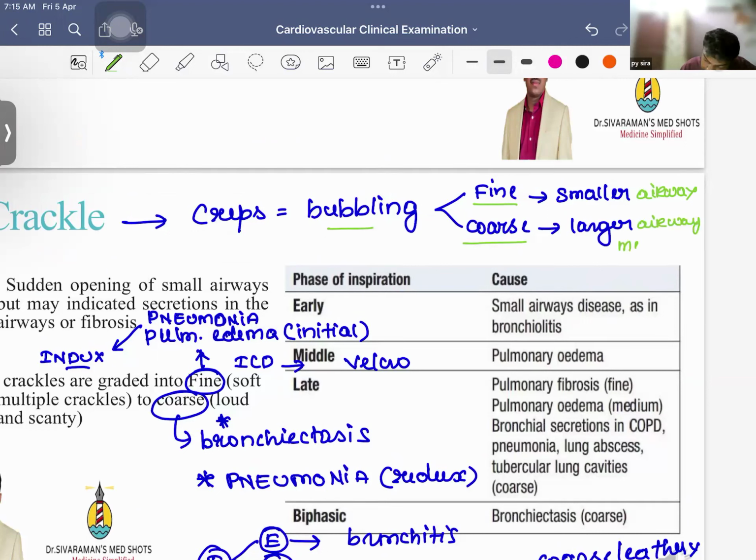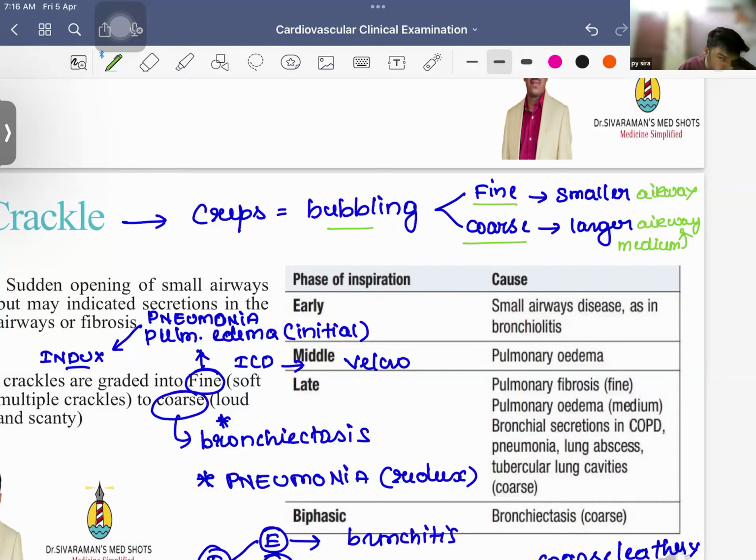This bubbling sound is like when you apply gel on a finger and move it, there is a snapping sound. That snapping sound, whenever you hear it in your lung, is an example of crepitation.